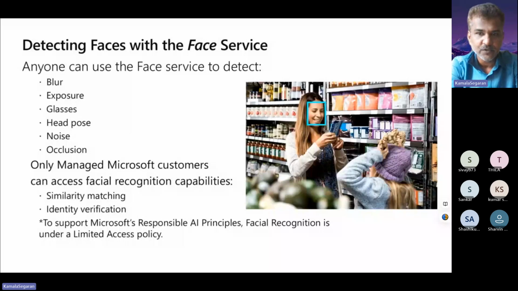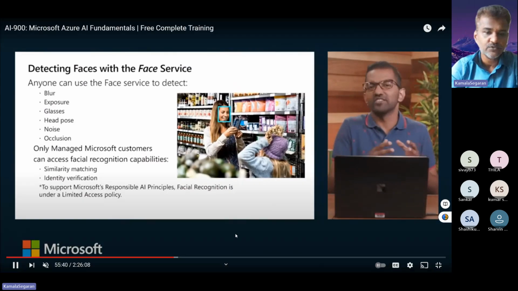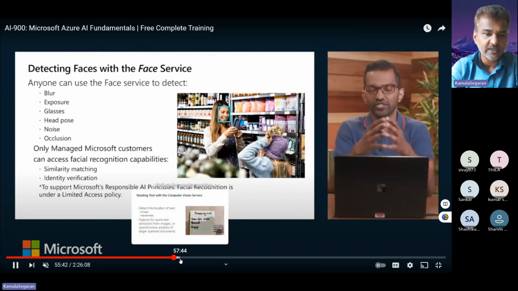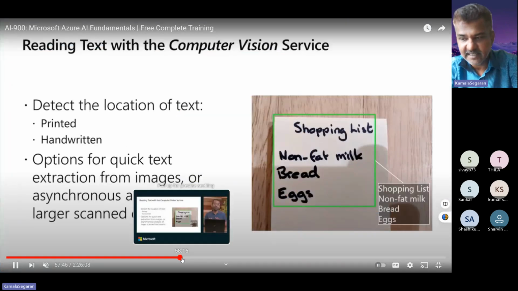You have this in social media sites as well, where they collect all your photos: Google, Microsoft, Facebook. What they do is what is known as facial recognition. Here we're looking at reading text.